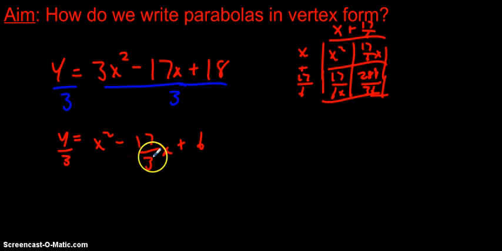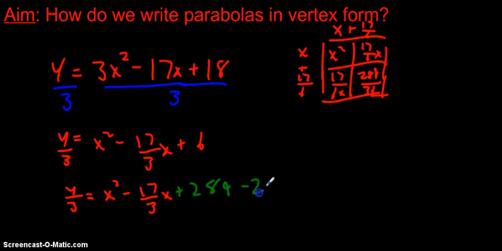Alright. So we're going to add and subtract that here. So that's going to give us y over 3 is equal to x squared minus 17 over 3x plus 289 over 36 minus 289 over 36 plus 6.